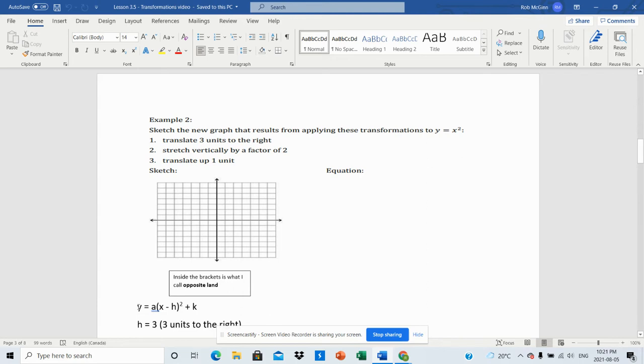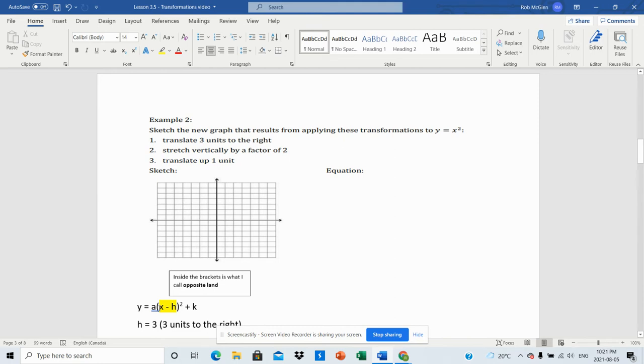One thing I always like to think of when I look at the vertex form, y equals a times (x minus h) squared plus k, is this part here, whatever is in the brackets. I like to call it opposite land. And why do I do that?